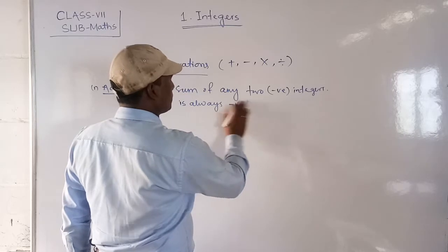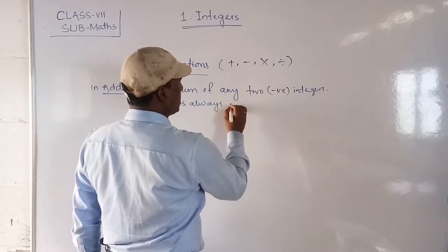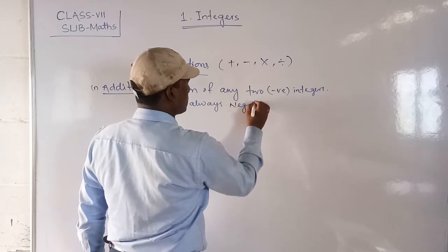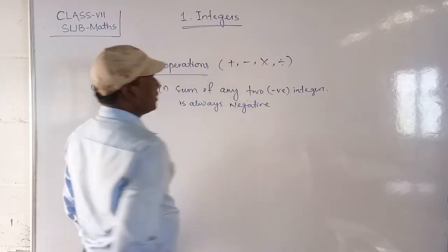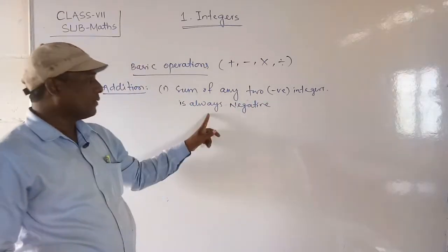Here negative means minus b. Remember students, the sum of any two negative integers is always negative.